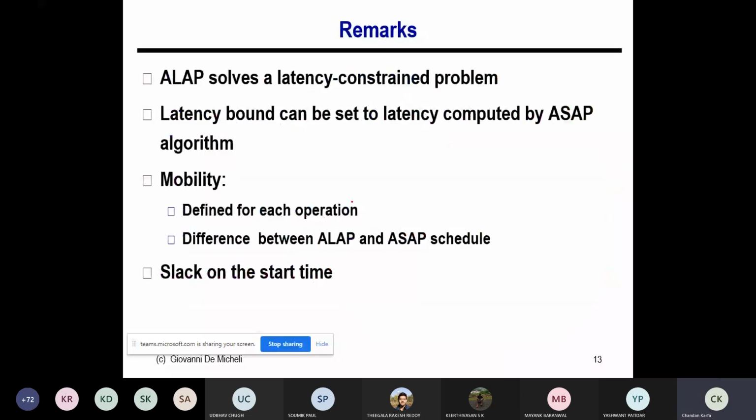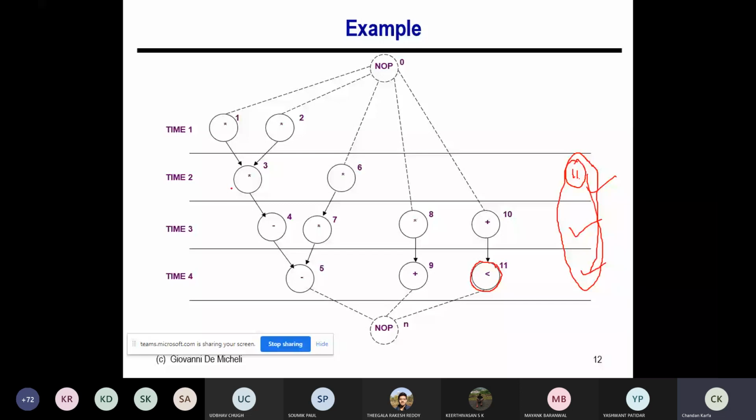As I mentioned, ASAP or ALAP never get used directly in practice, but they are always used in the background of any algorithm to identify the earliest possible and latest possible schedule time, and the zone where I am going to execute the operation. Based on that I can take other decisions when I talk about resource constrained scheduling. There I can think about whether to schedule 11 here or here or here, whichever takes fewer resources. That's the advantage of ALAP.